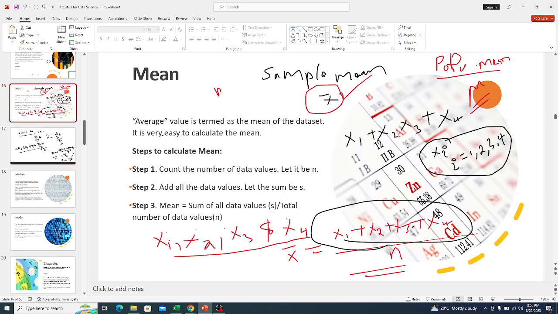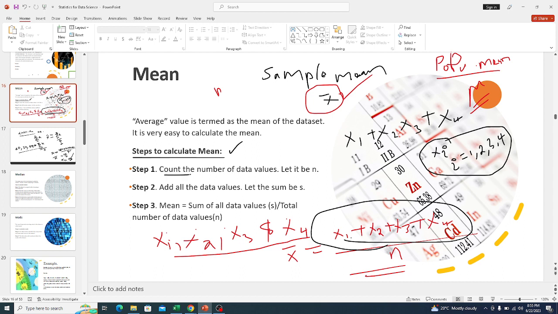Yes, so let me take you now to the slide and we can go through the steps together to calculate the mean. Even though I've already illustrated all the steps here, it's good to compare the notes with what I already know.